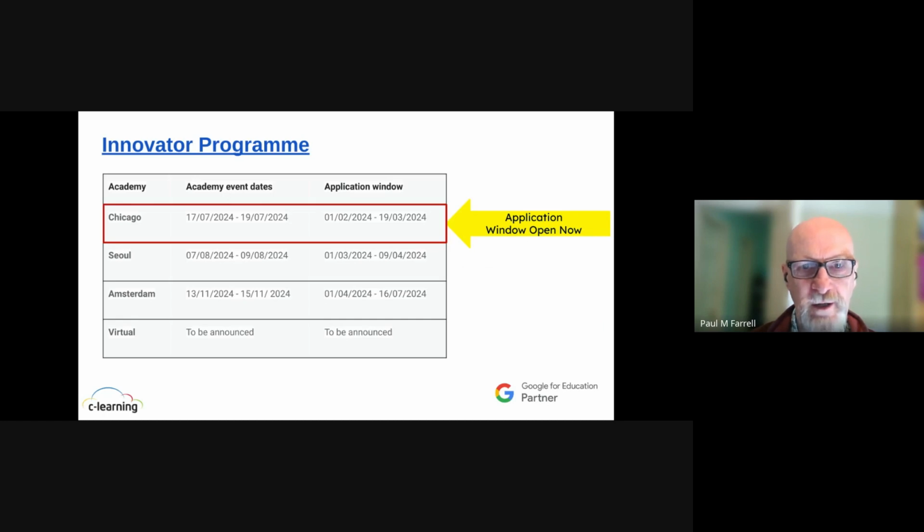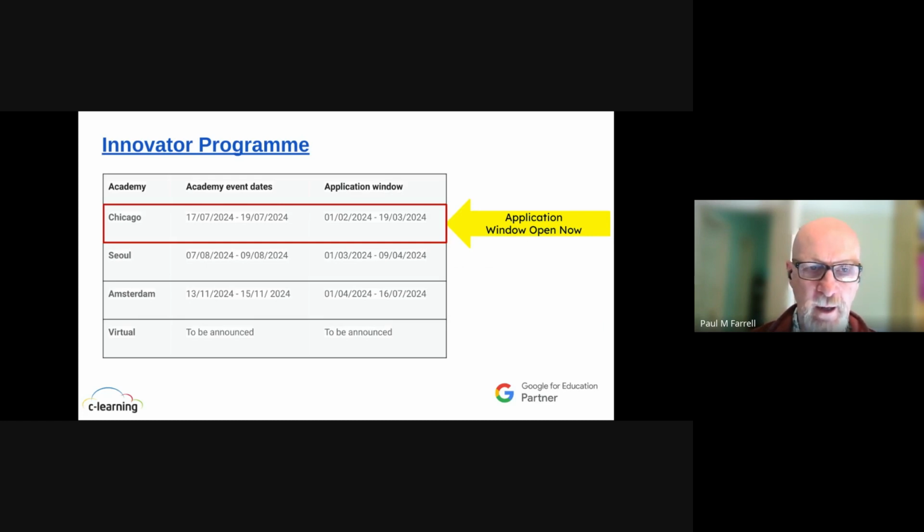There is another one that starts on April the 1st. You can see it on that same table in Amsterdam. I should say, the ones I've posted here are all the ones that are going to be in English. There are others, so if English isn't your first language, please follow the link on this slide and look at the other ones, because there might be one in a language that is more suited to you. The Amsterdam window opens on the 1st of April.